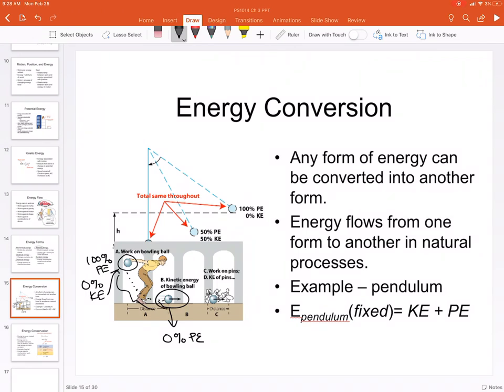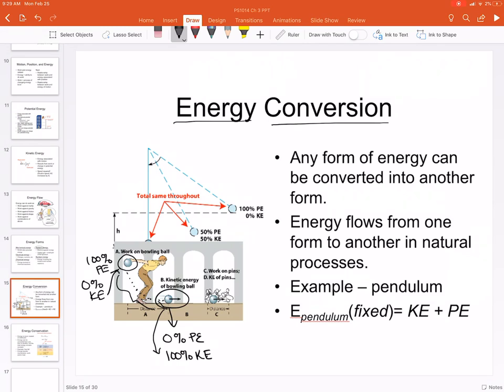And then right here, it's 100% kinetic. All right. So this can always be converted from one form to another, and it's really important to know the concept of energy conversion.